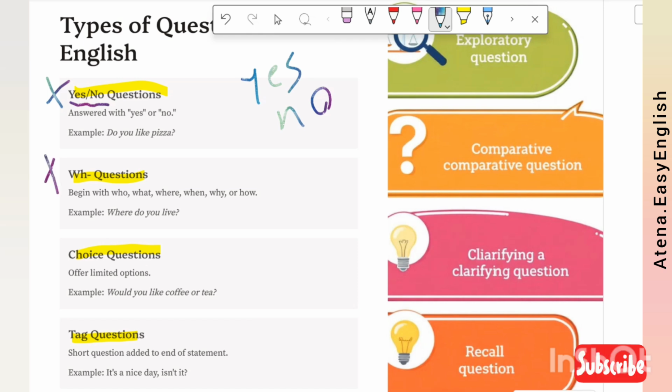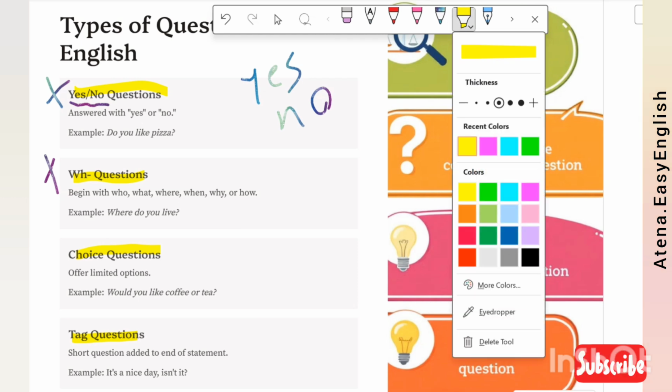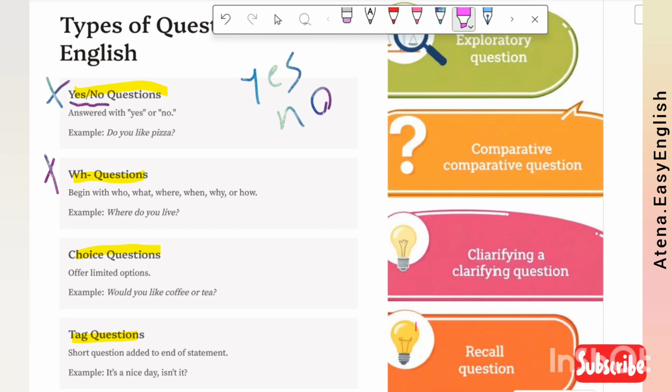The next one, WH questions in English, are the questions that begin with WH words. What are WH words? Look at here: who, what, where, when, why, or how.